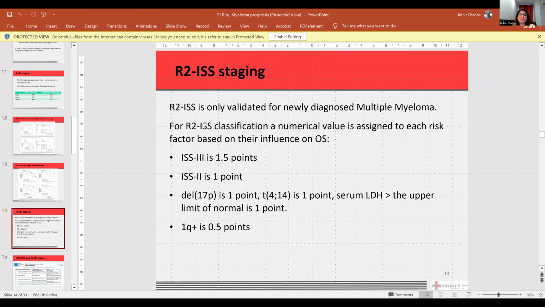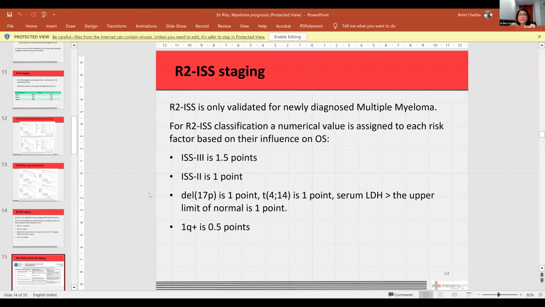The revised R2 version, which is the latest of 2022, was validated on newly diagnosed myeloma patients. Here ISS 3 is given 1.5 points, ISS 2 is given 1 point, the high-risk genetic marker deletion 17p is given 1 point, t(4;14) is given 1 point, serum LDH more than the upper limit is given 1 point, and 1q plus is given 0.5 points.